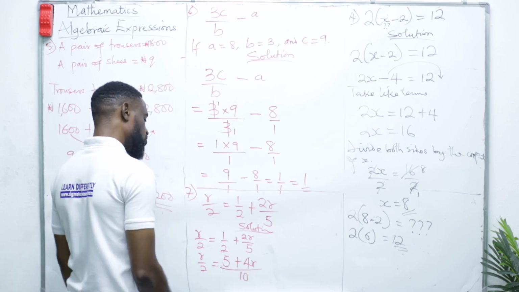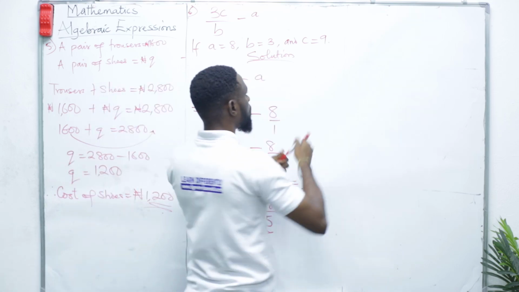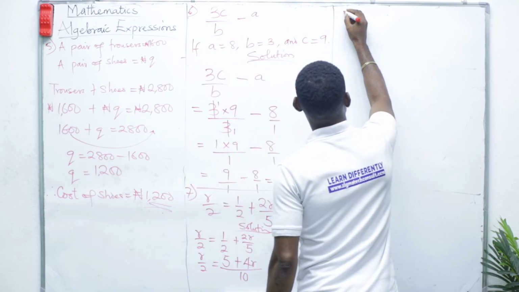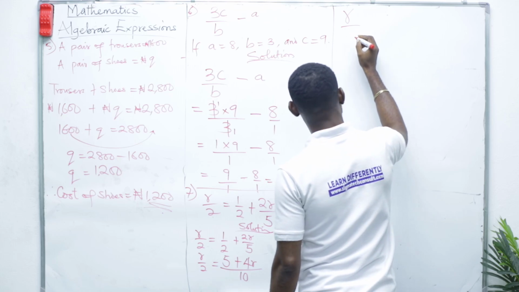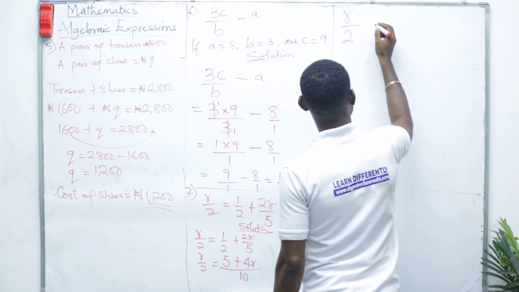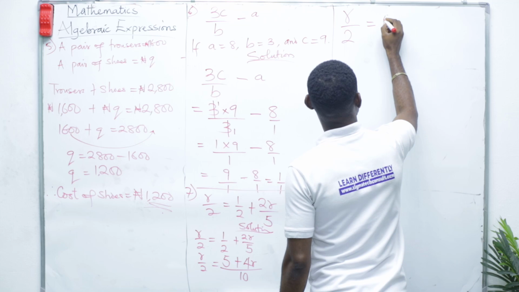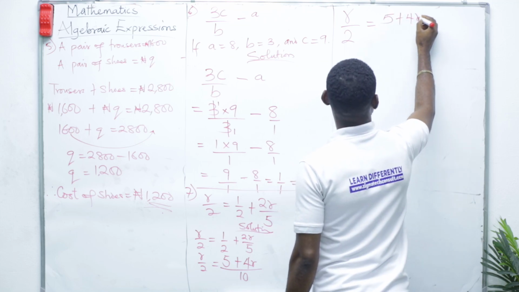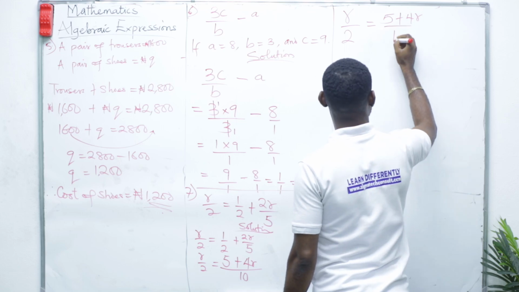Do you understand? So okay, we have r over 2 is equal to 5 plus 4r all over 10.